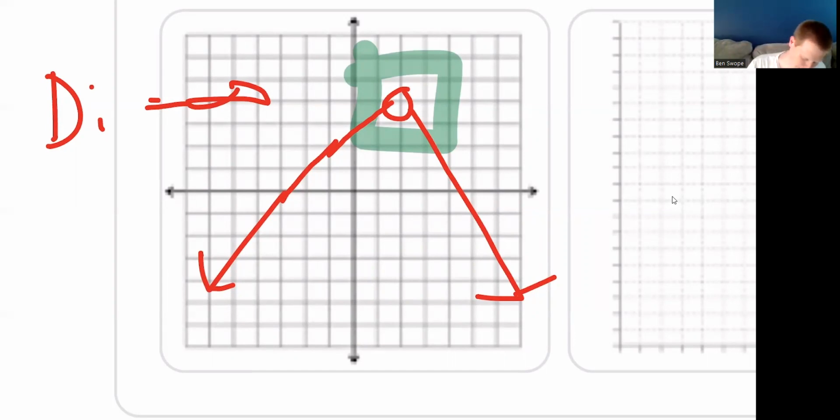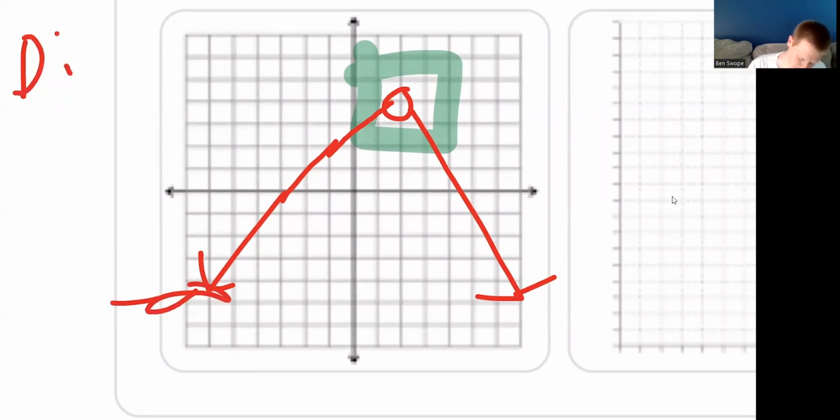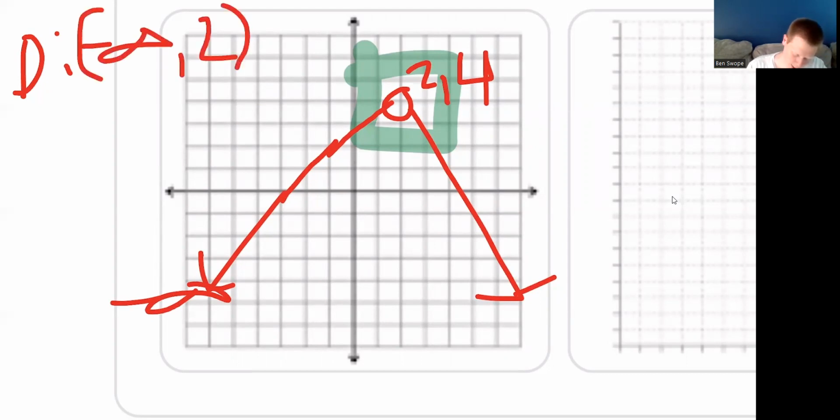I did not write small enough. Let me try that again. So we're going left to right. It goes from negative infinity to 2. This point is (2, 4), just to give you the coordinates. Since this 2 is not included, we have to indicate that it's not part of our interval.